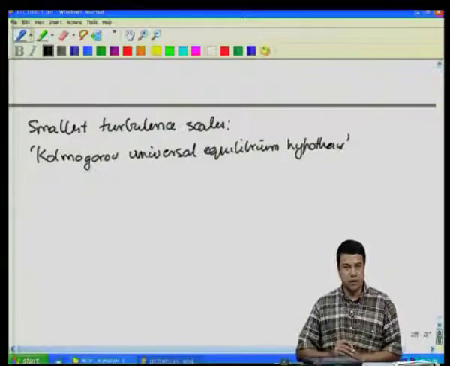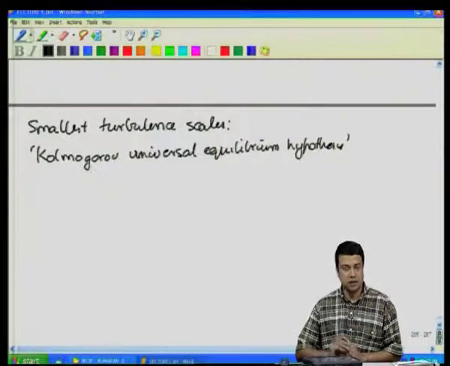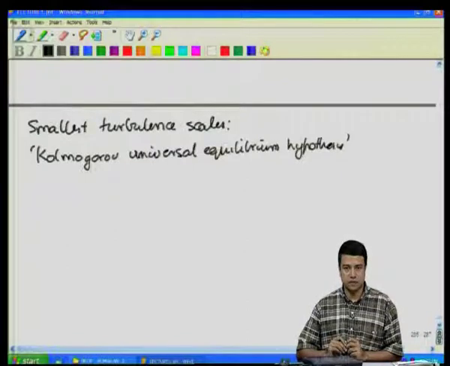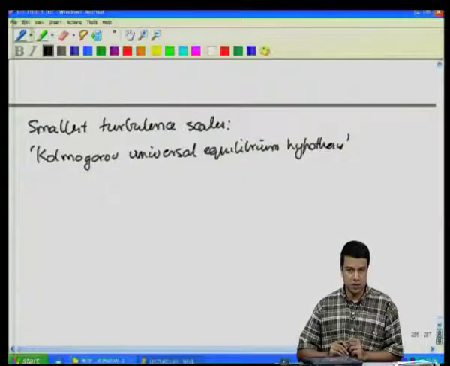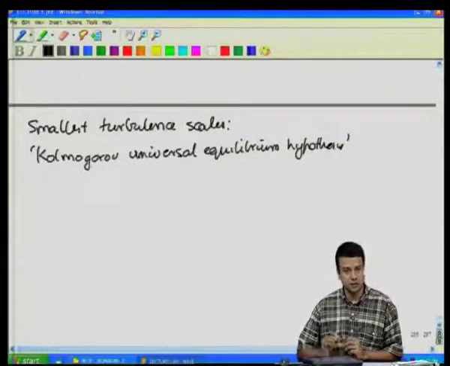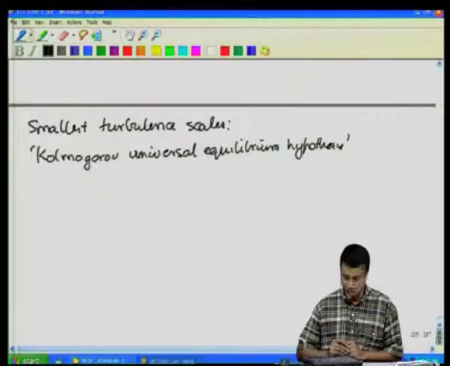And the idea is as follows. For the smallest scales in a turbulent flow, it is assumed that the length and the time scales are much smaller than the largest flow scales. It is at the largest flow scales that the kinetic energy is getting pumped in from the mean flow to the fluctuations.